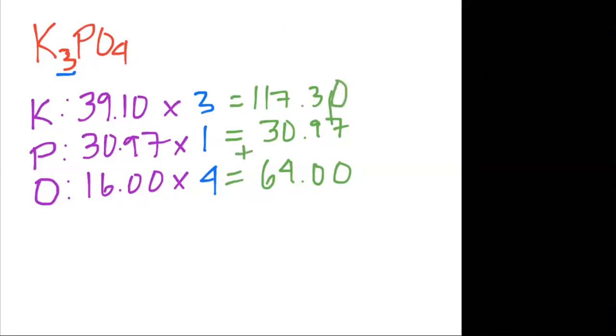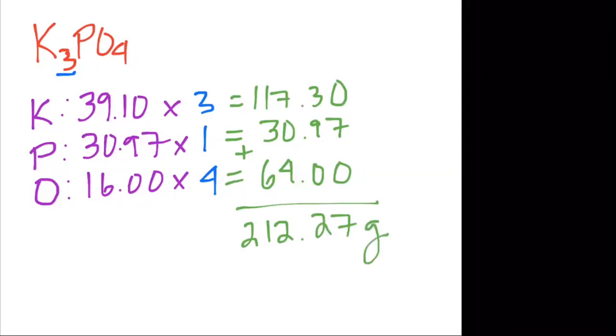And then our last step would be to add these together. I'm going to clean up this 0 a little bit because I messed it up when the screen stopped sharing. So 117.30 plus 30.97 plus 64. And for this one, I would get 212.27.